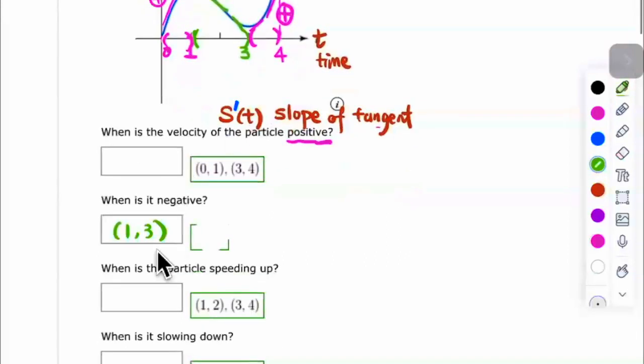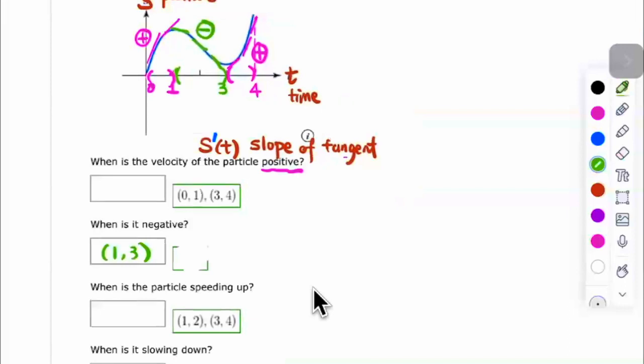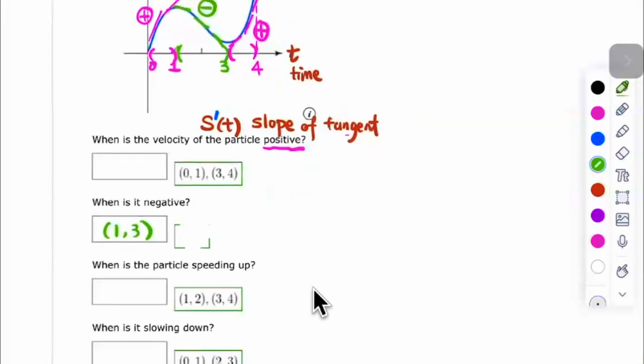Now the next question, when is the particle speeding up? Do you remember from the lesson, when will a particle speed up? The particle is going to speed up when acceleration and velocity have the same sign.